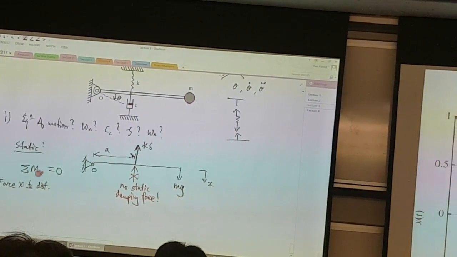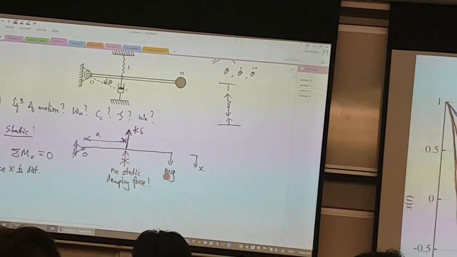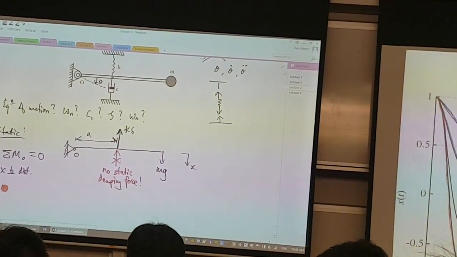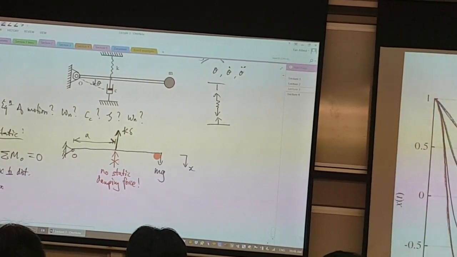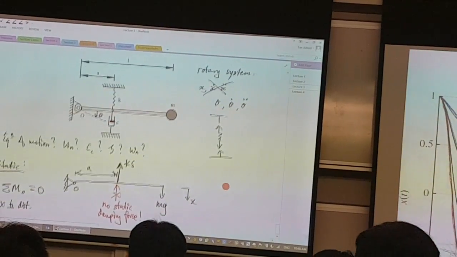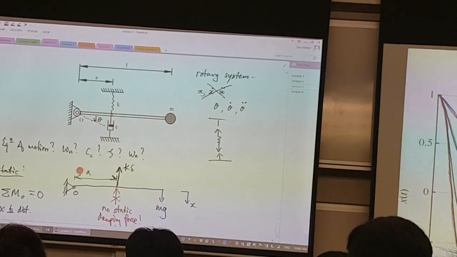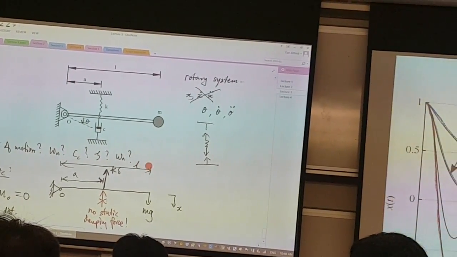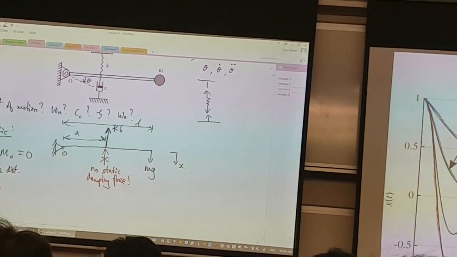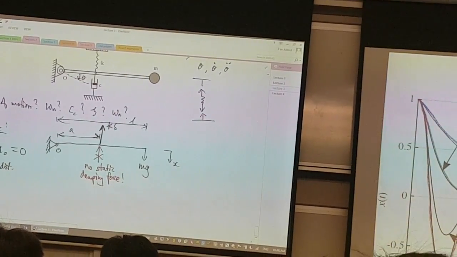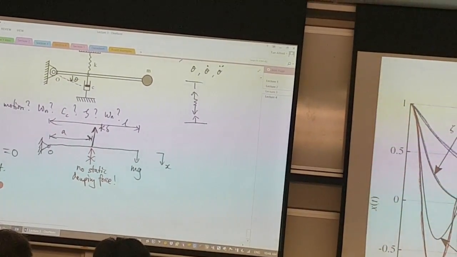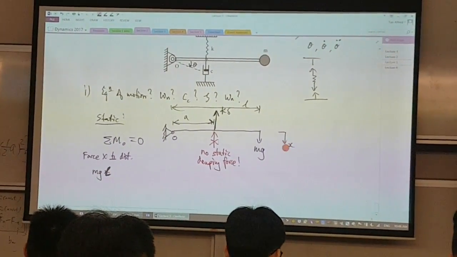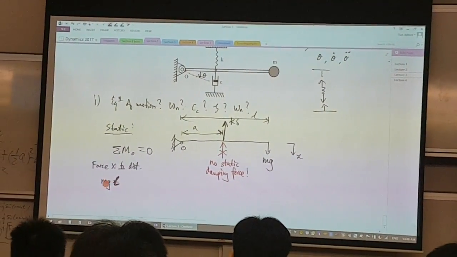So for that moment, I can take this one over here, mg, that's the force, multiplied by the distance. In this figure, this perpendicular distance is L. So mgL. And this mgL moment is in the direction of my convention, so it's positive.